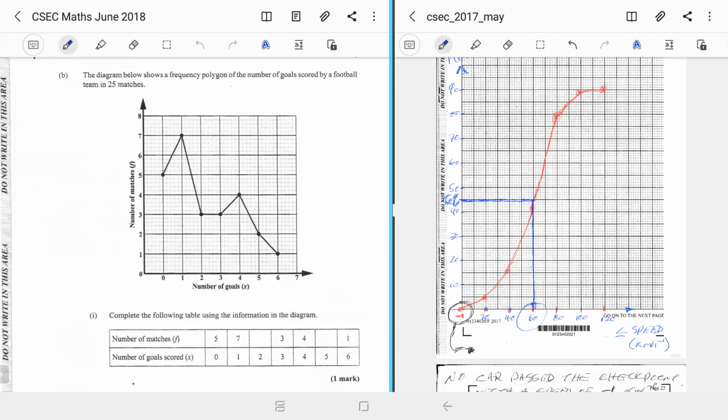The question says the diagram below shows a frequency polygon of the number of goals scored by a football team in 25 matches. So you have the number of matches, which they give us as the frequency, and the number of goals down here, x. What it means is that no goals were scored in 5 matches.